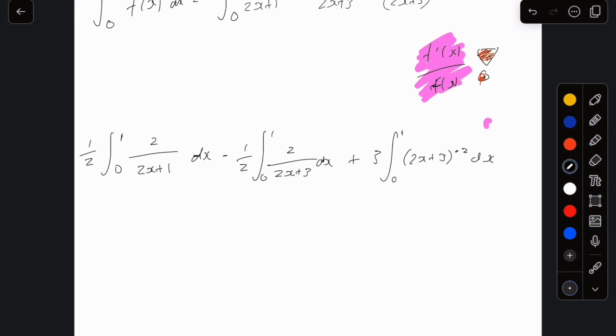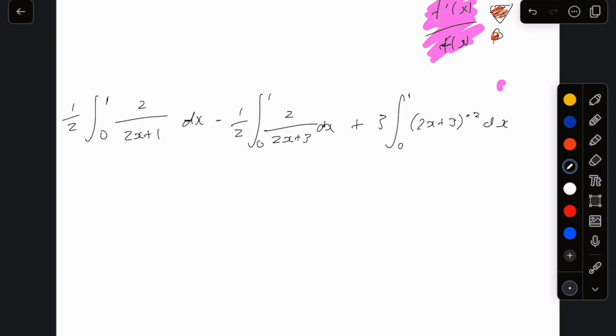And then we just go from this. So what this is going to give me is a half ln 2x plus 1 between 1 and 0, minus a half ln 2x plus 3 between 1 and 0 here.